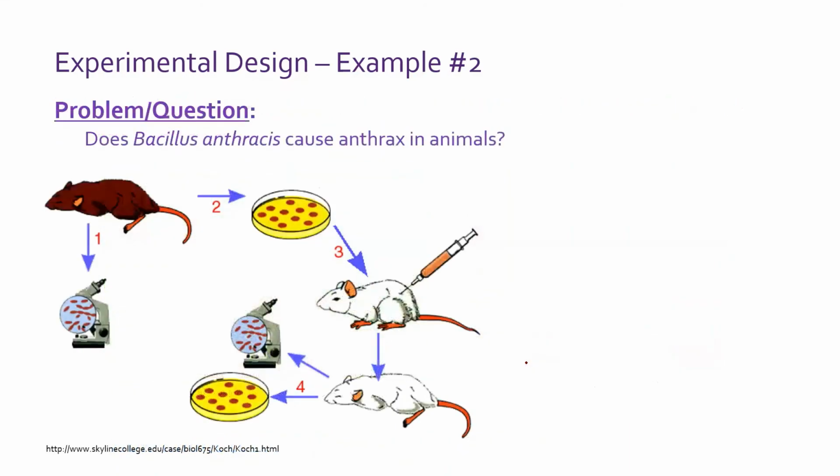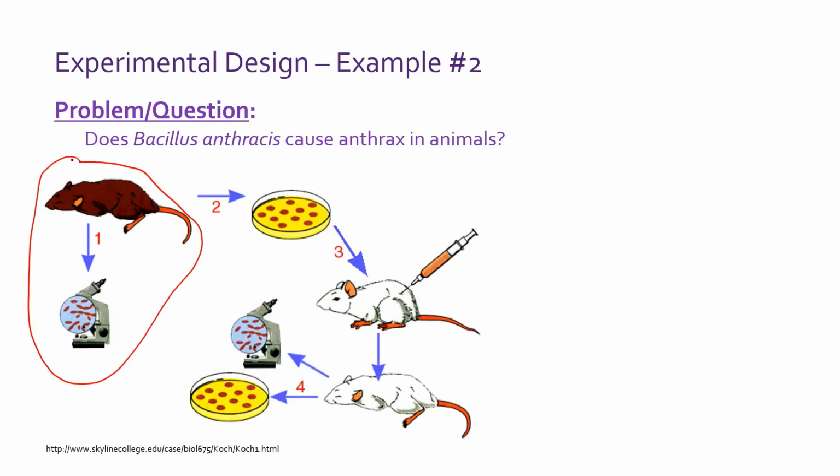He did some relatively clever experiments, and very clever in that he had to invent a lot of methods for handling bacteria. In fact, the Petri dish was invented by one of his co-workers, because it had not been invented at this point. If you take a look at what he did, step one is really just what I had told you already, in that he noticed that this bacterium was associated with the sick and dead animals.